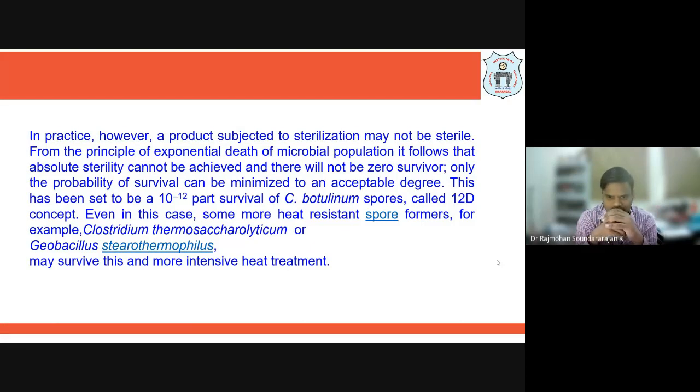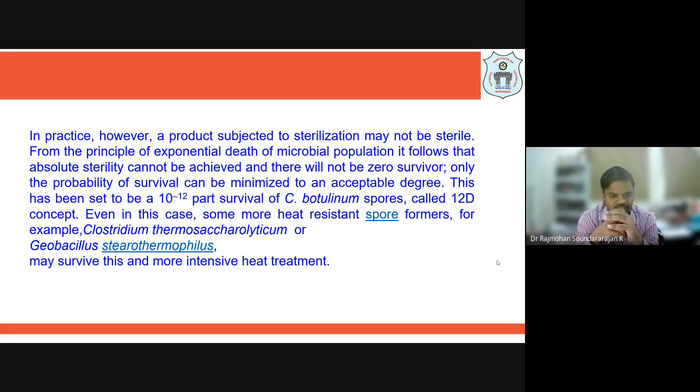So for example, that acceptable degree can be fixed like 10 power minus 12 probability of survival of C. botulinum spores. This concept is called the 12D concept. Even in this case, there are some more heat resistant spore formers, for example Clostridium thermosaccharolyticum or Geobacillus stearothermophilus, so they may be surviving. As I told you, some of them are heat resistant bacteria.